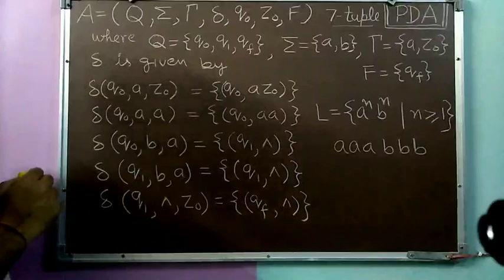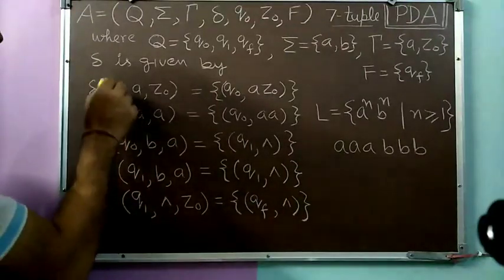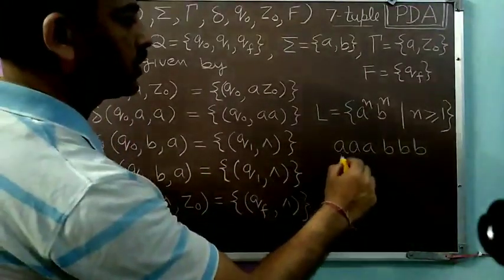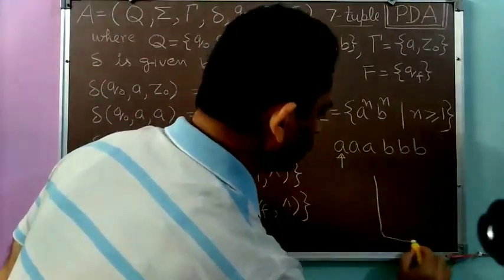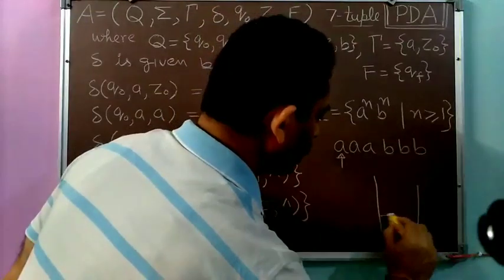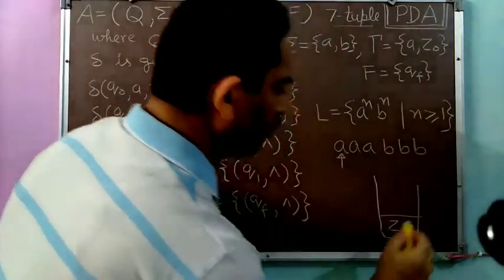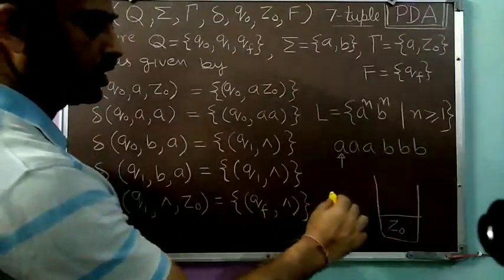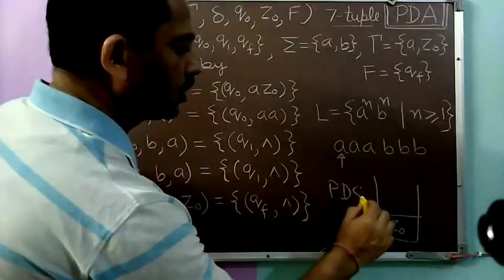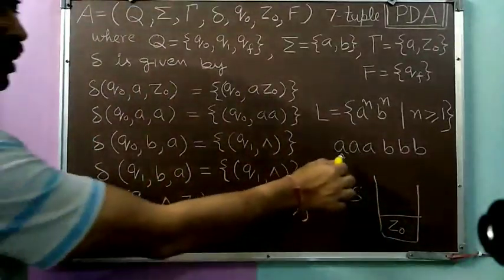We start from the start state Q0. So we are in the state Q0, reading the first symbol A, and there will be a pushdown store, which always starts from the initial pushdown store symbol Z0. This is the current status of the pushdown store.